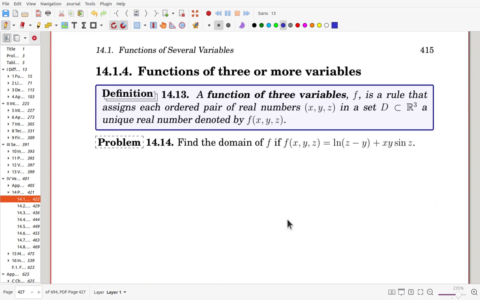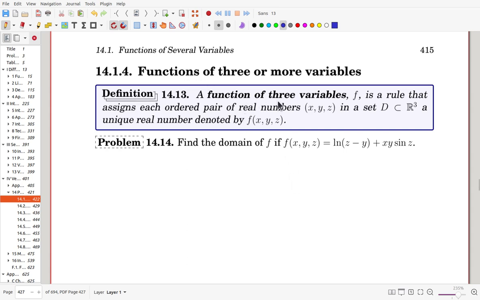Functions of 3 or more variables. We learned how to deal with functions of 2 variables. Now, let's move on to functions of 3 variables. The manner is exactly the same, but now we are dealing with 3 independent variables rather than 2.